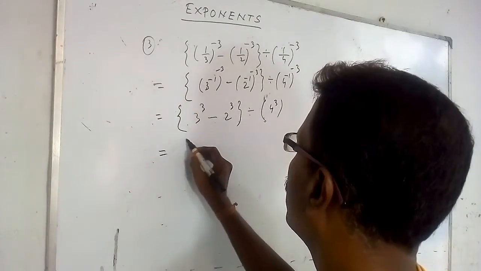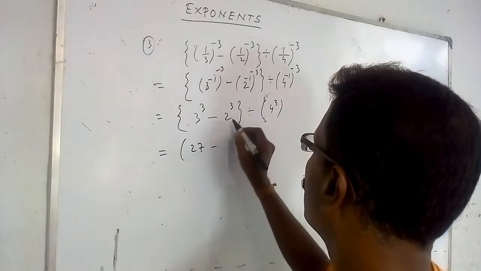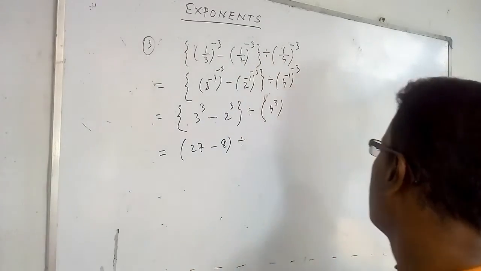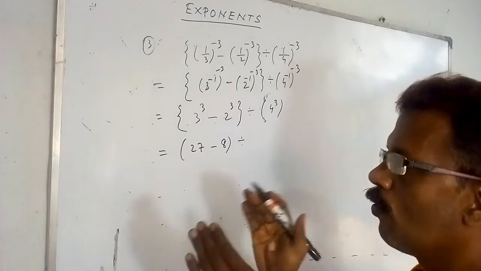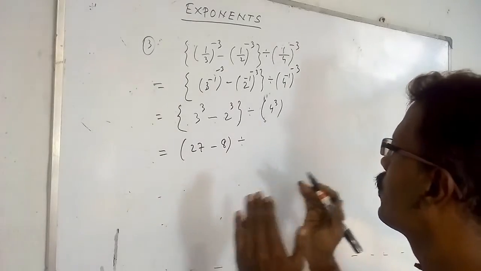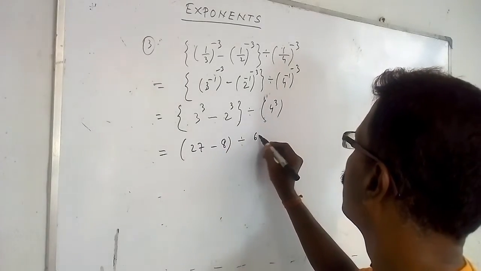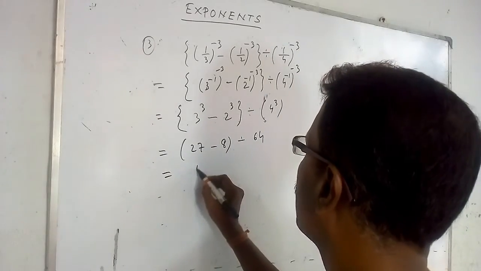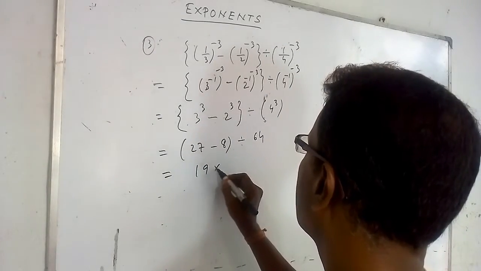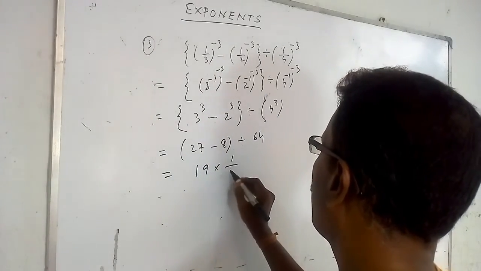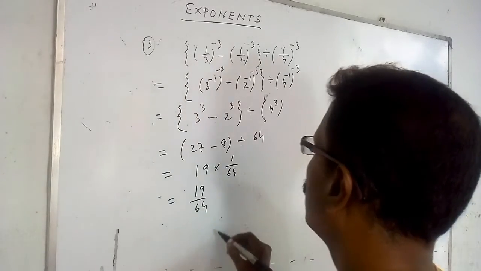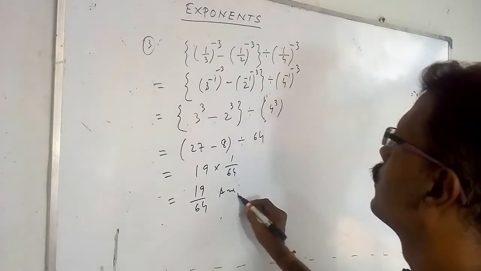It is 27. 2 to the power 3 is 8, divided by 4 to the power 3, that is 4 into 4, 16, 16 fours are 64. So 27 minus 8 is 19, and the multiplication with 1 by 64, your answer is 19 by 64.